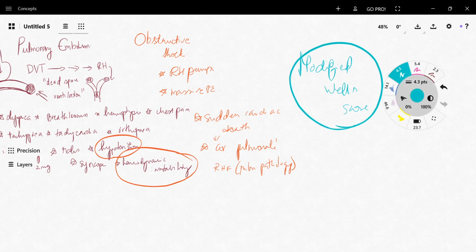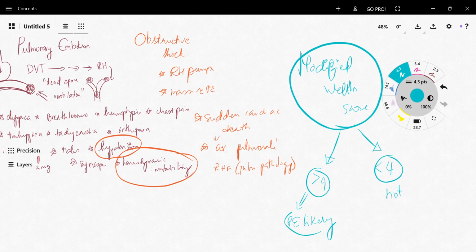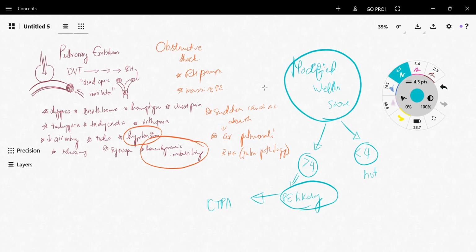So this modified Wells score, you can read it up. Basically, it gives you a number of parameters to look for when deciding whether or not it's PE. If the score is more than 4, it means that pulmonary embolism is likely, and if it's less than 4, it means it's not, right? So if PE is likely, you want to quickly get a CT pulmonary angiogram, okay?